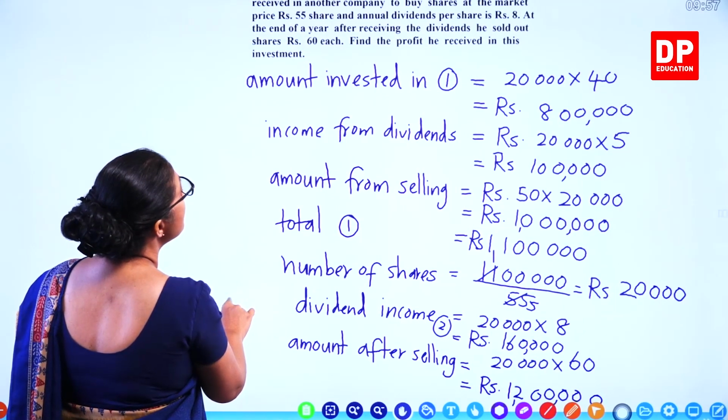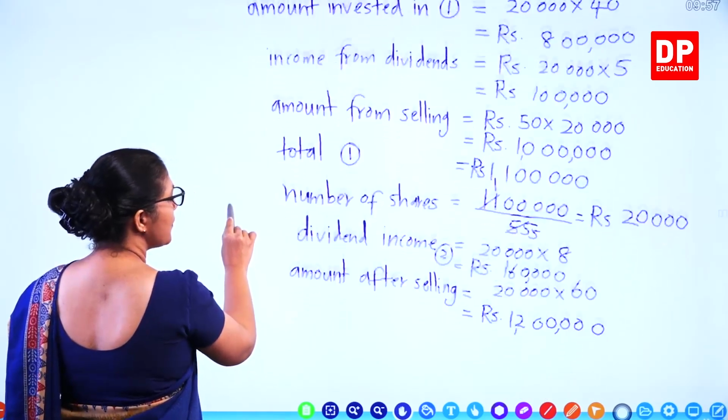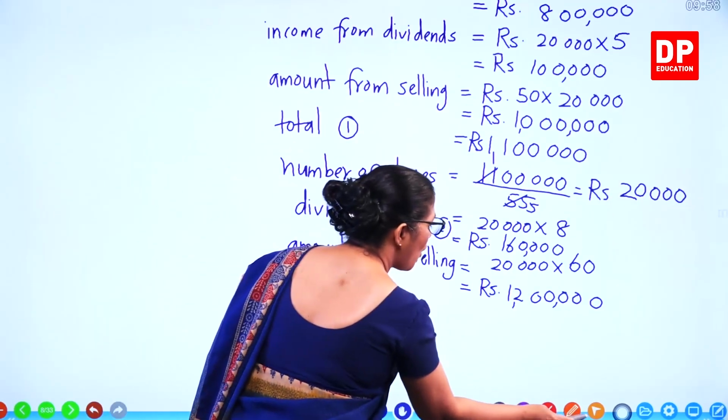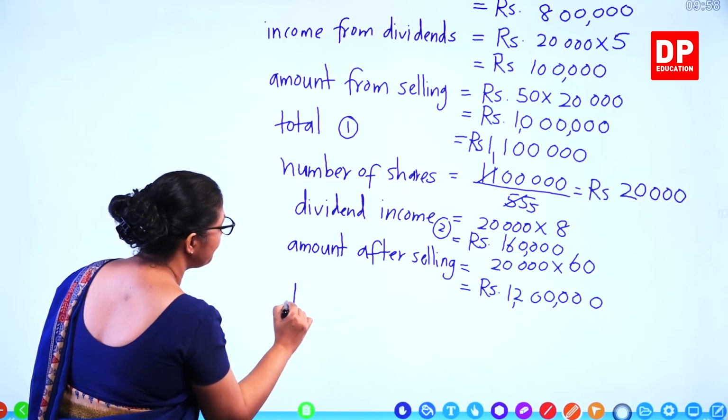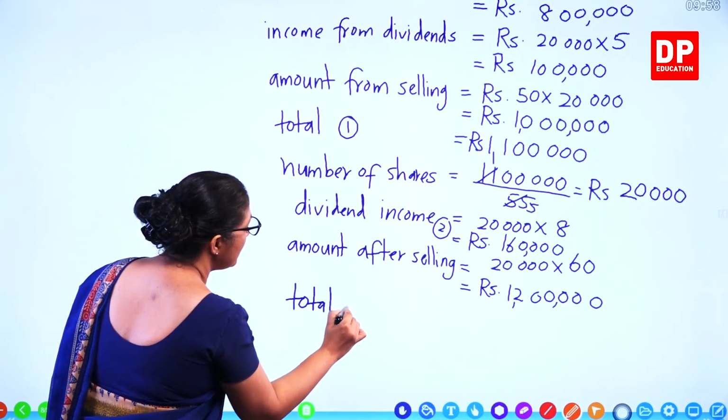Find the profit he received in this investment. So you have to find out the total income now. Total income.